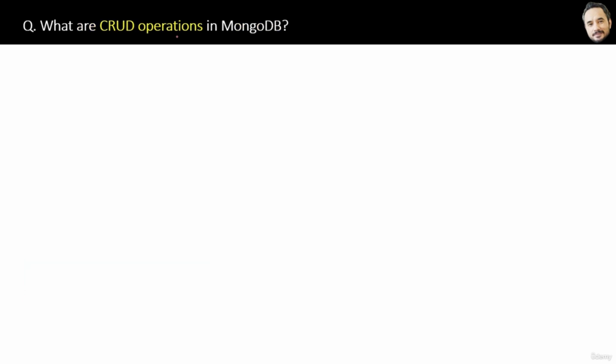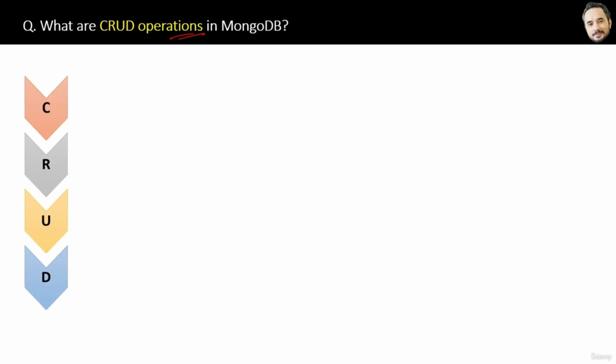What are CRUD operations in MongoDB? CRUD is a very general term and is used in almost all the databases and technologies. Here are the 4 letters of CRUD. C stands for create, meaning creating and inserting new documents or records in a MongoDB collection. Okay.